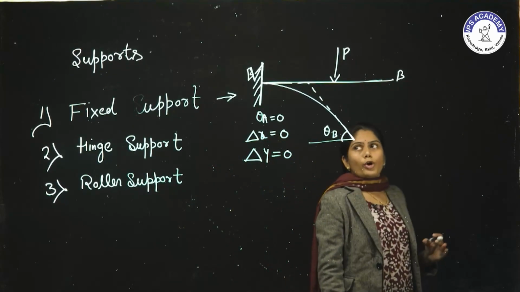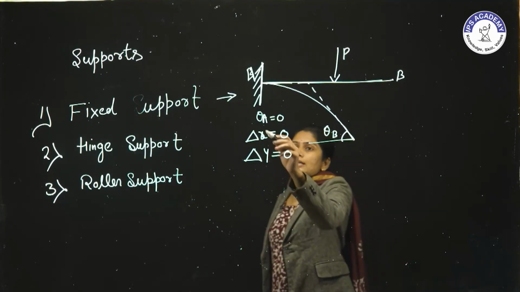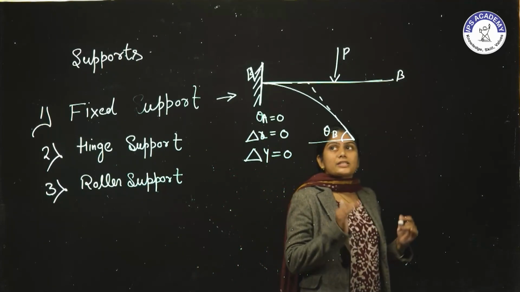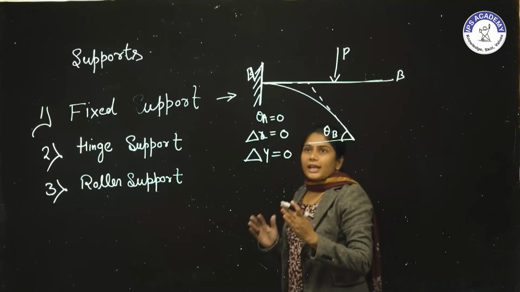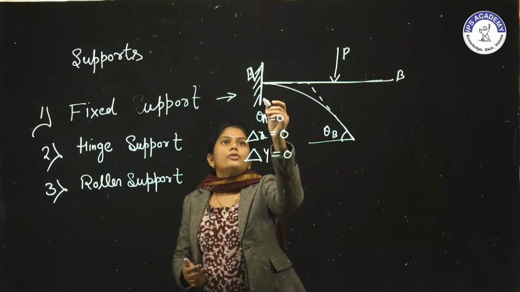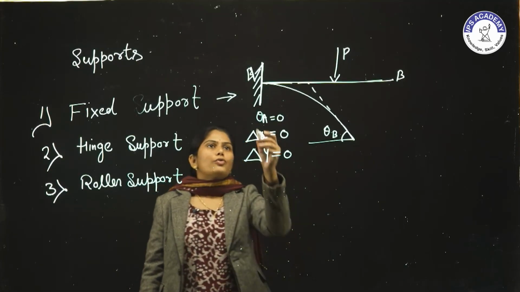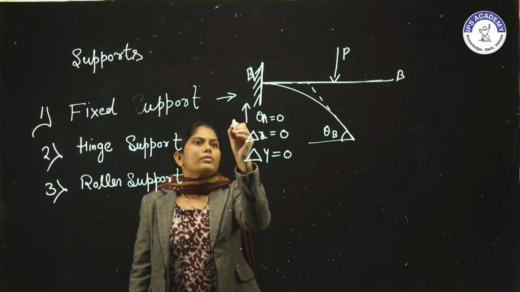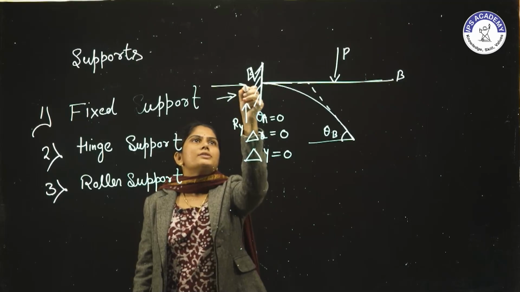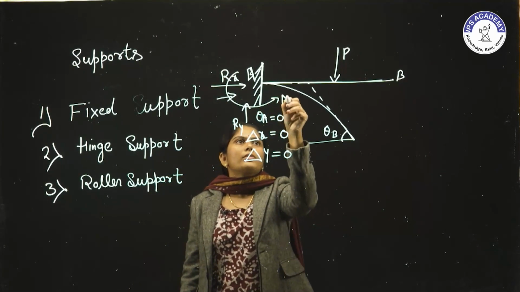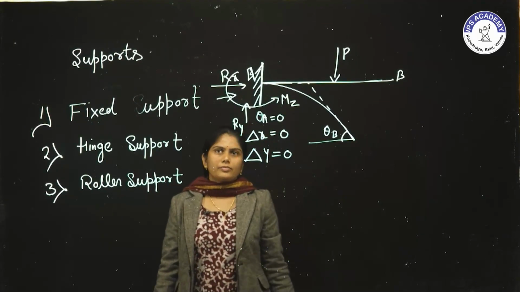So at the point A slope will be 0 and we restrain the slope at this point. So reaction will be built up in the form of moment. So there will be three reactions: Ry, second Rx and third one is Mz.